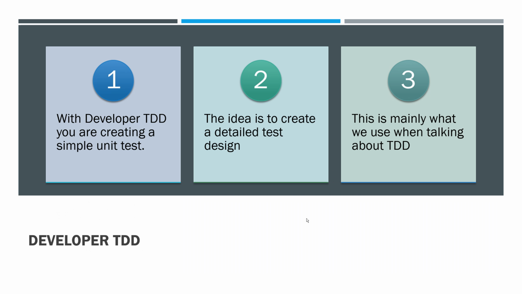Now, with developer TDD, you are creating a simple unit test. That simple unit test will be testing that code or that behavioral design that you set up. The idea is to create a detailed design to test that design. This is mainly what we are using when we are talking about TDD. TDD is basically testing that behavior, and you'll be using this developer TDD to test that code.